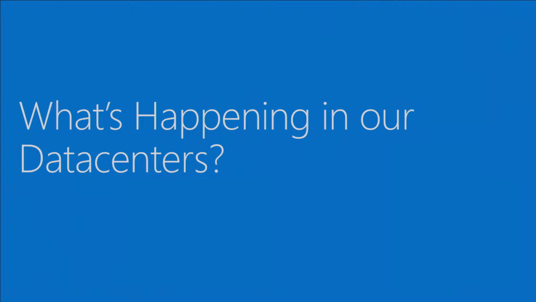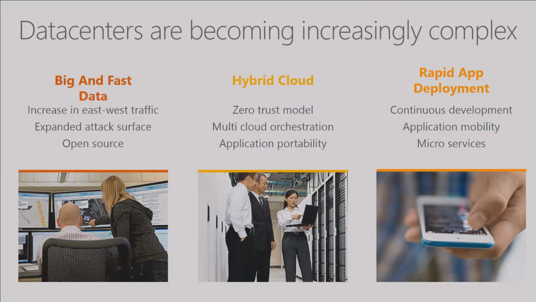So let's start. What's happening really in our environments today? There's been a shift in the way the data centers are working, and we've seen it happening over the last few years. First one, of course, is big data. Big data is fashion. I'm sure everyone has some kind of big data system set up, or even just an experiment running in their environment.